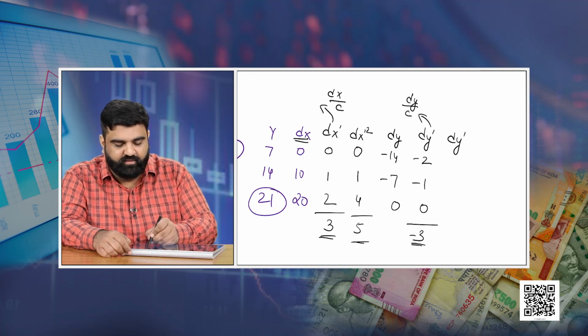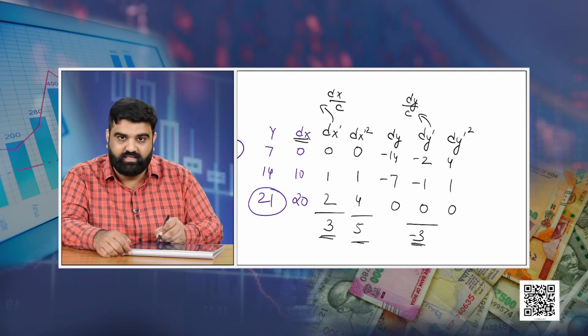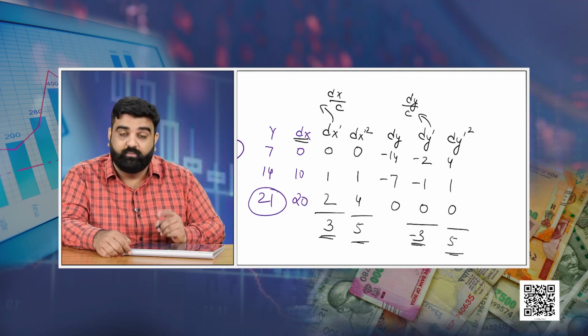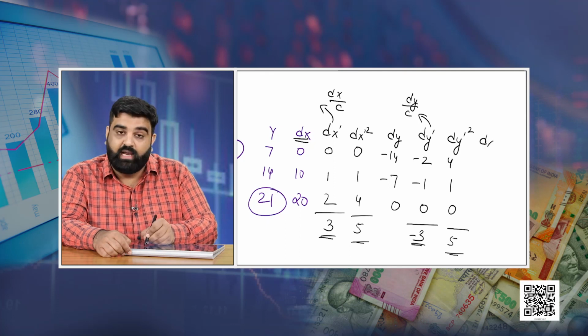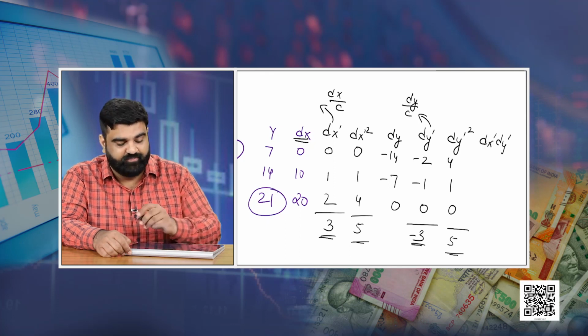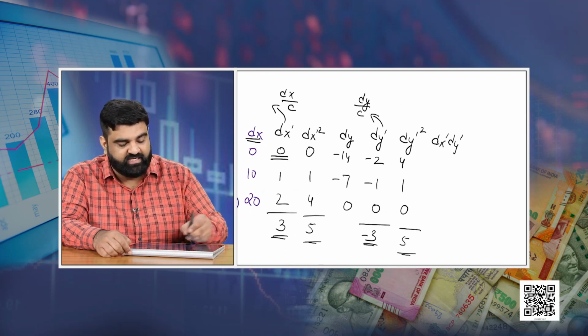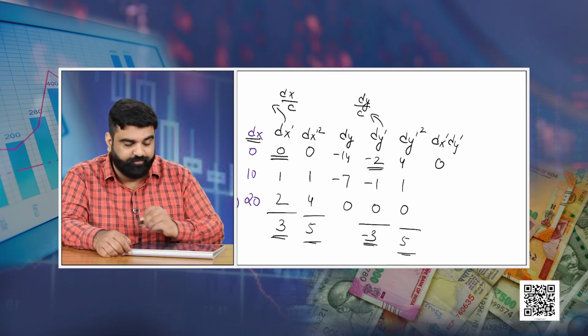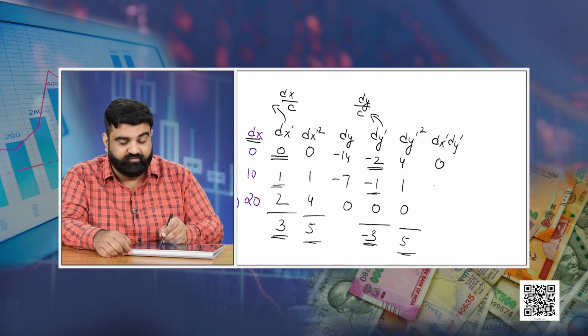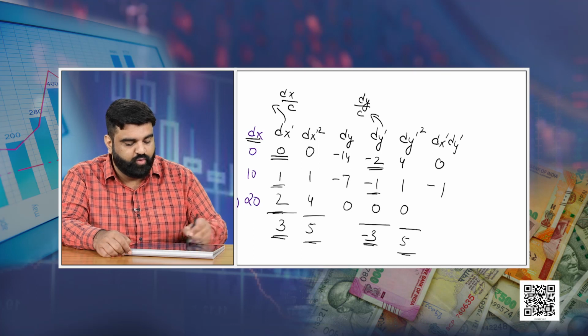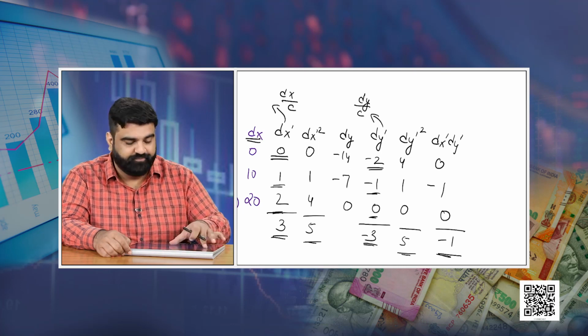Now, we have dy dash the whole square, which will be 4, 1 and 0. The total of this will be 5. We also have to calculate dx dash into dy dash, which will be 0, 1 into minus 1, which is minus 1, and 2 into 0, which is 0. So, we have minus 1 here.